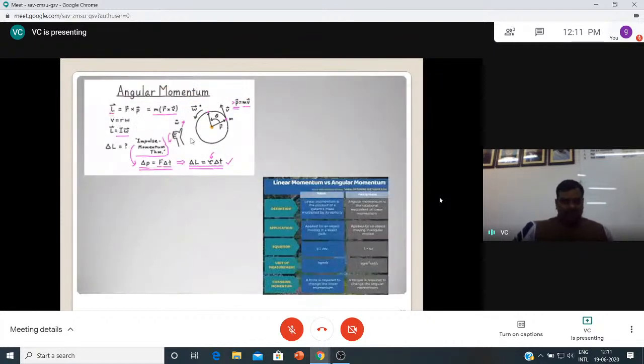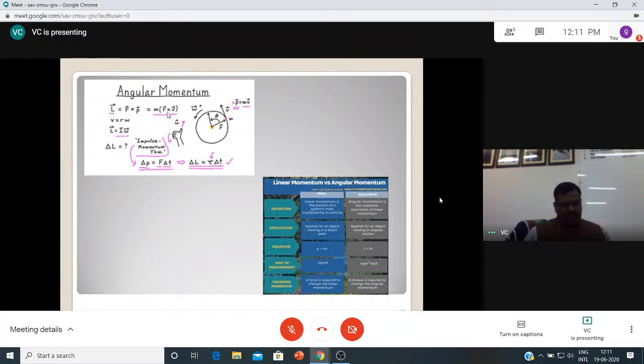Now angular momentum can be represented as H equal to R cross linear momentum. If linear momentum is P equal to mv, multiply with the R vector: R cross P, where R is perpendicular to P. Substituting P, it is m into R cross V, and these two are perpendicular.